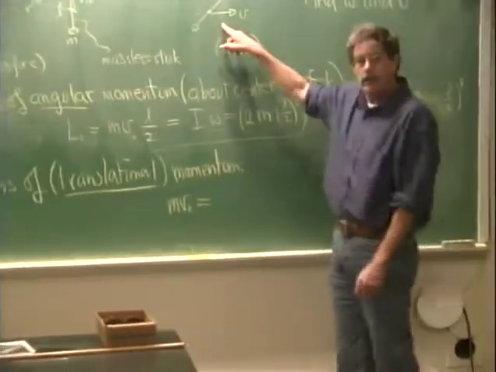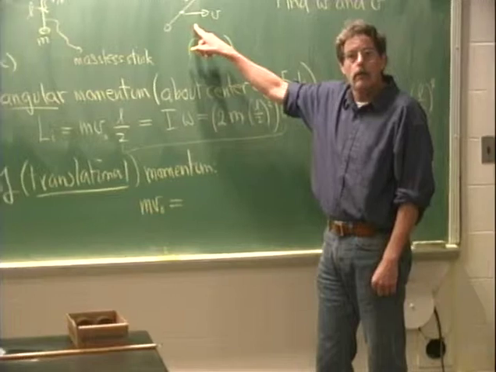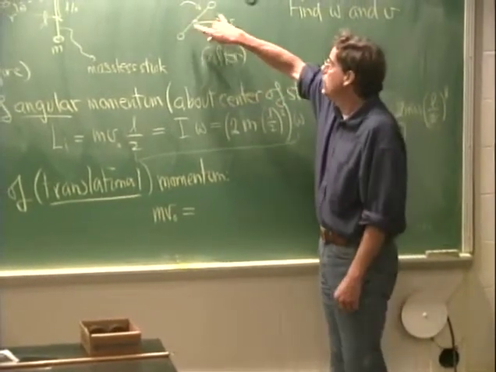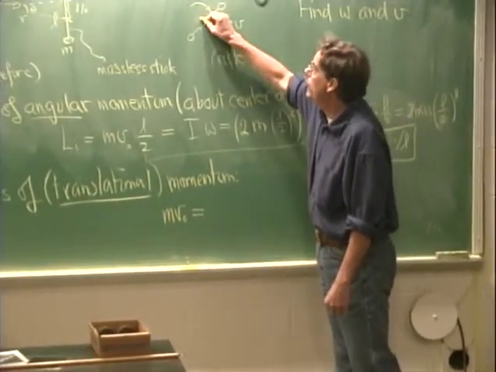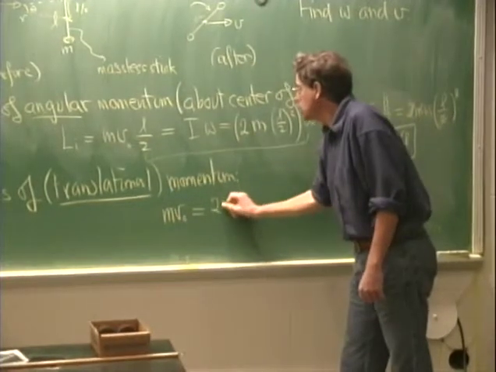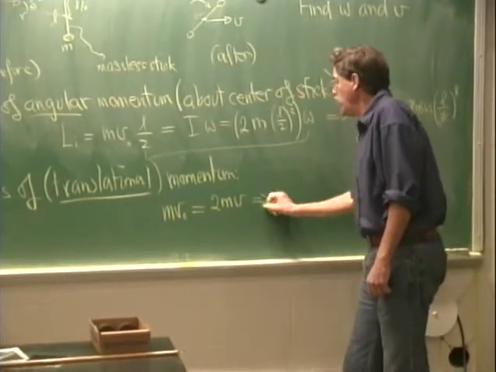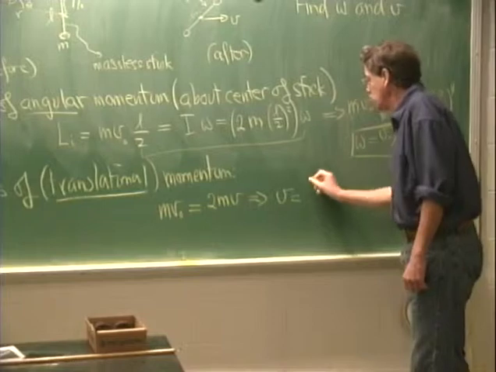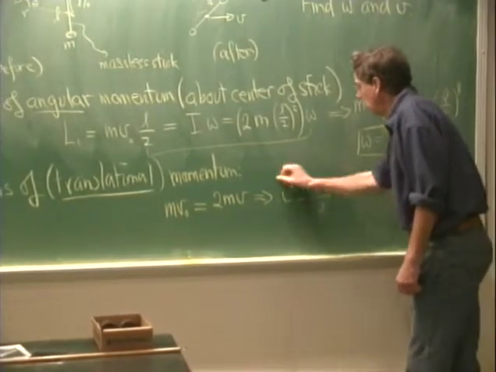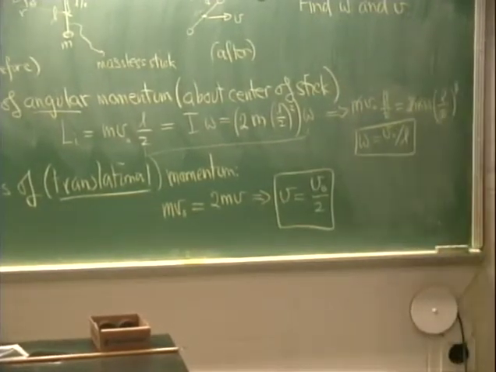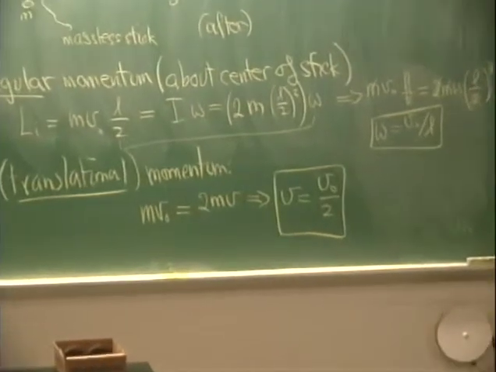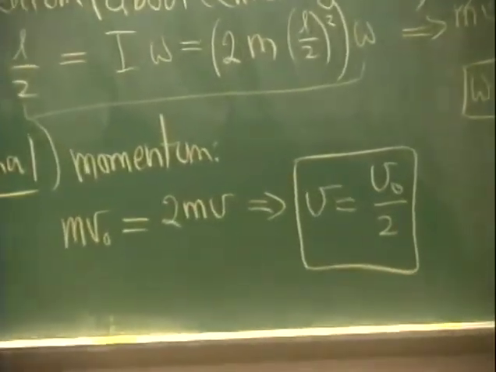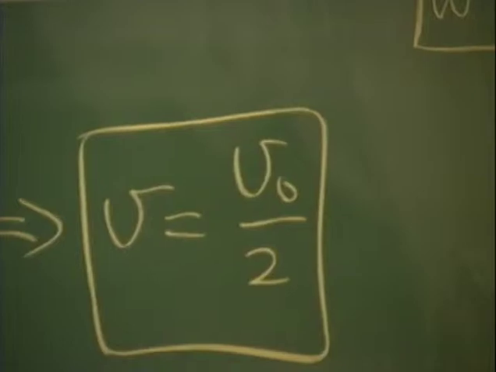And the momentum in the final situation, the momentum of the center of mass? It's as though I had 2m concentrated in the center, so it's 2m times v, and that tells me that v is v0 over 2. How about that? So this thing is moving along at half the velocity.